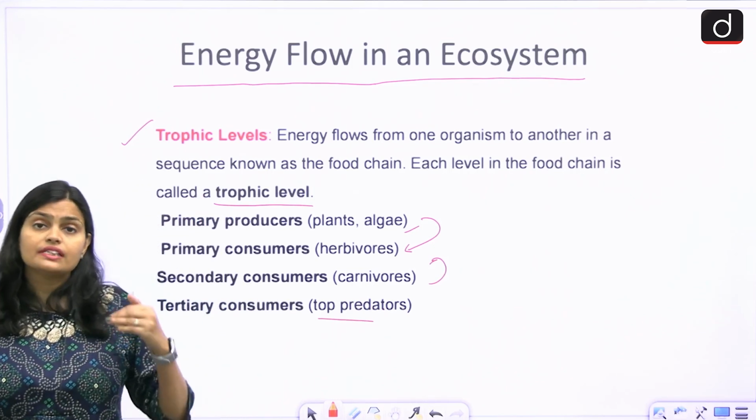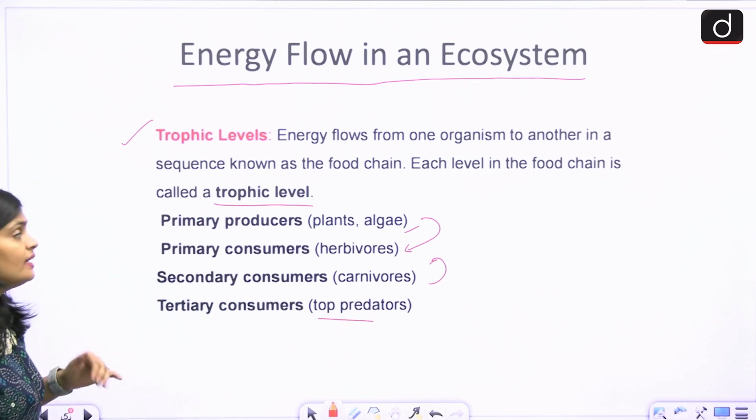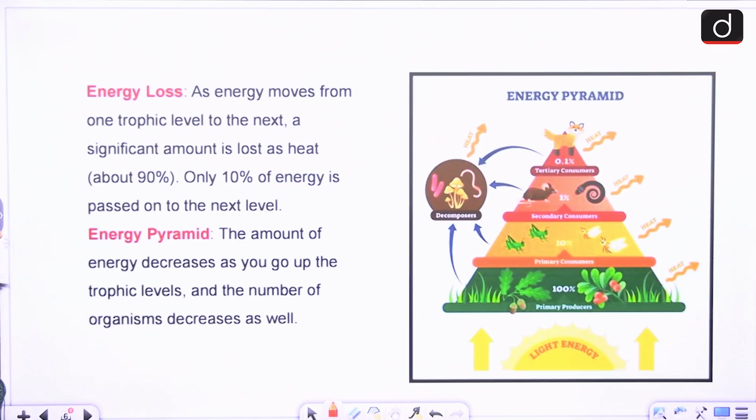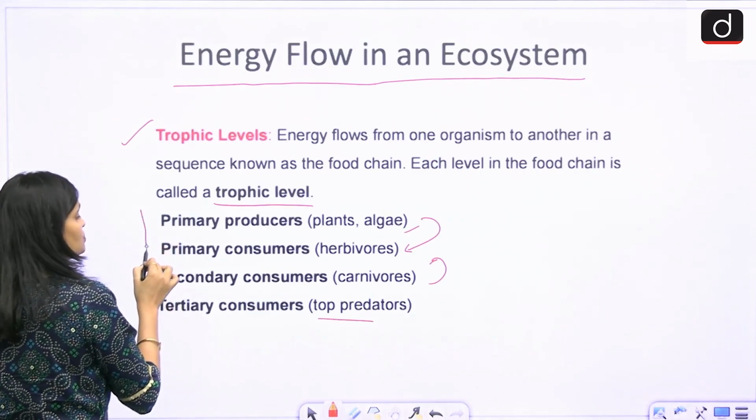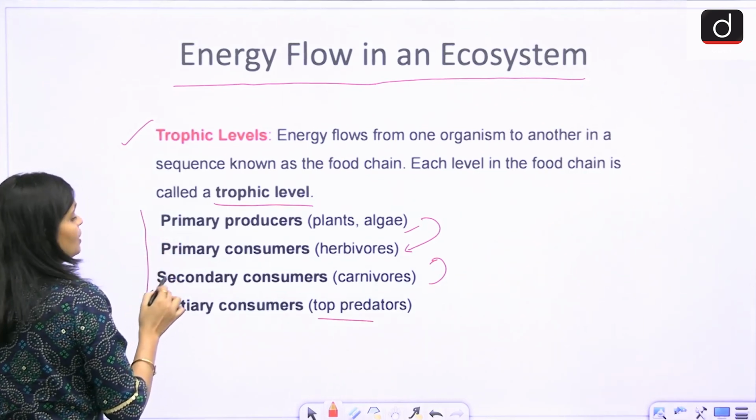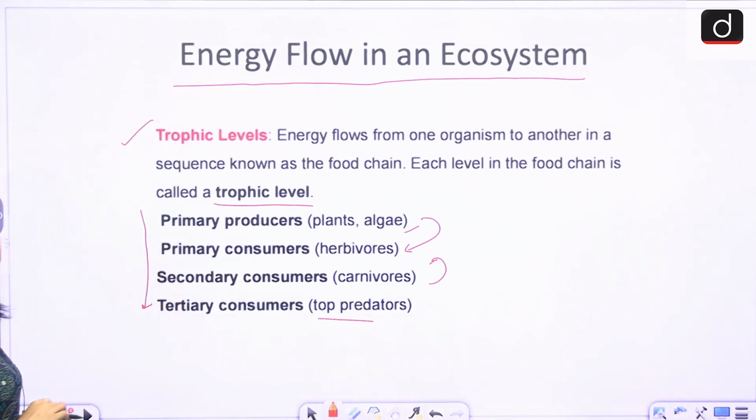So these are the trophic levels. Then how does the energy flow take place, guys? Always from primary producer to primary consumer to secondary consumer to tertiary consumer.